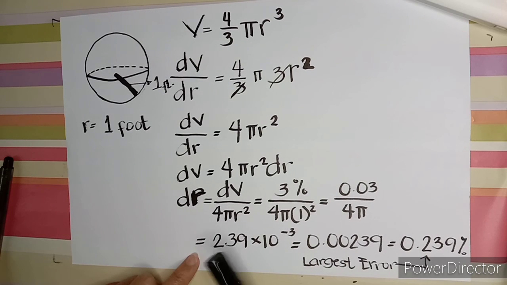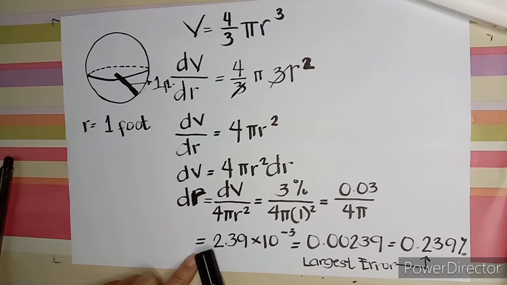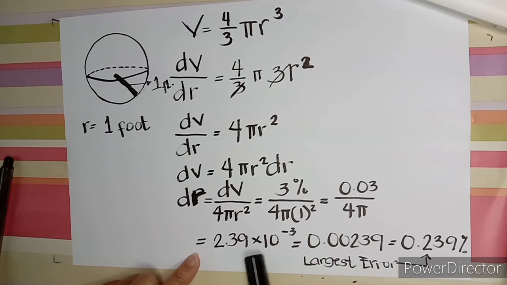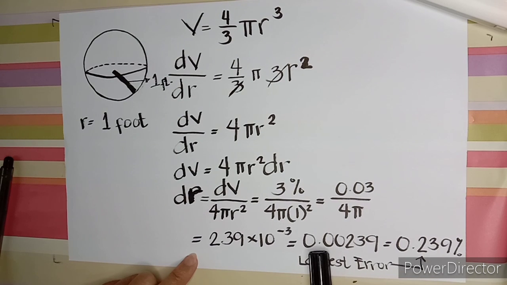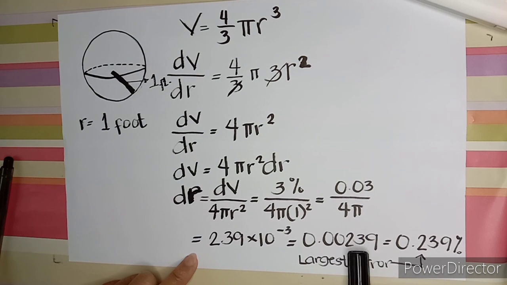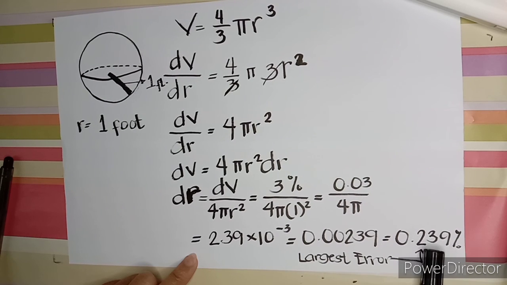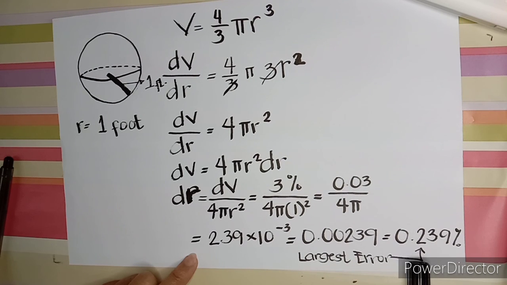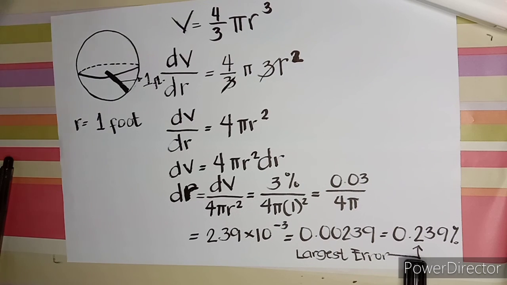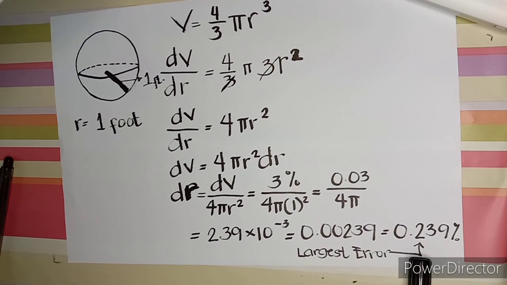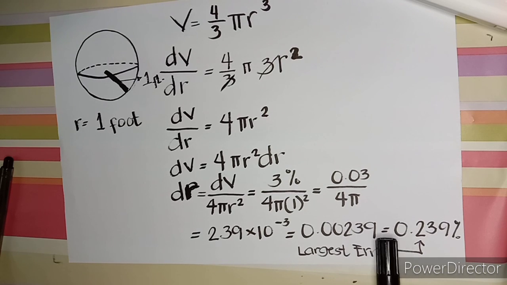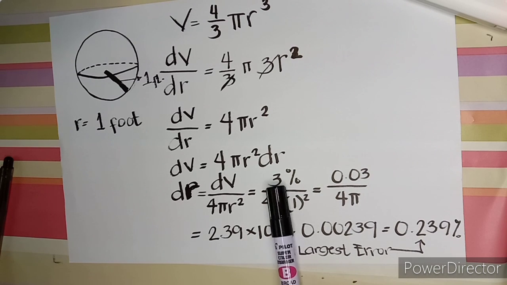So here, let us solve: we have 2.39 times 10 to the power of negative 3, which is equal to 0.00239, or 0.239%. This is considered as the largest error that can be made in the radius such that the volume will not change by more than 3%.